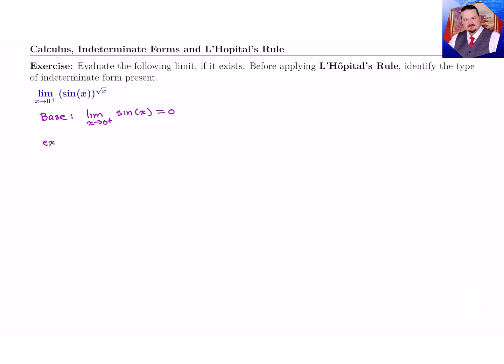And our exponent that we're considering, which is the square root of x, what's happening there? That's also going to 0. So what form do we have?